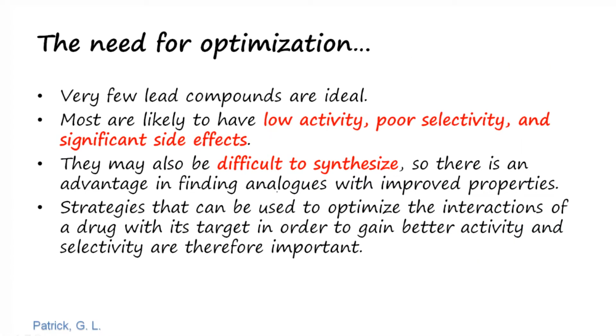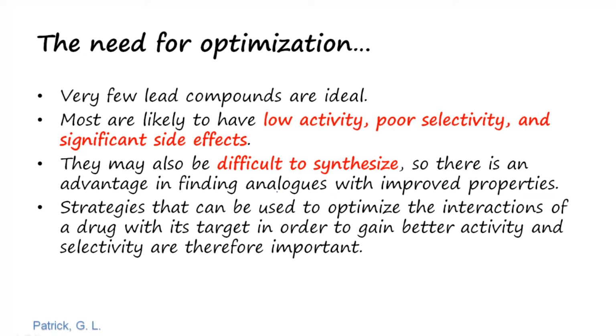The need for optimization is very important for us to understand, because once we discover a lead, maybe through serendipity or through some screening or through some rational design, that lead compound may have good activity, but it is far from ideal. Some lead compounds have activity, but it may be low, and so you need to improve it.